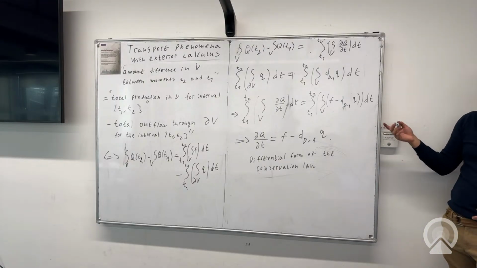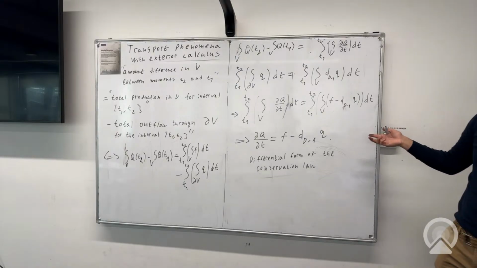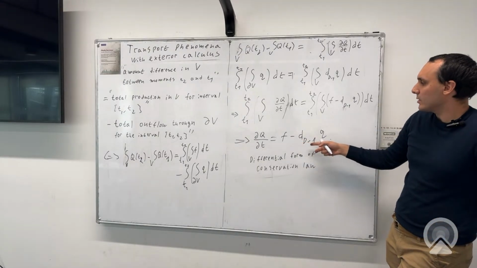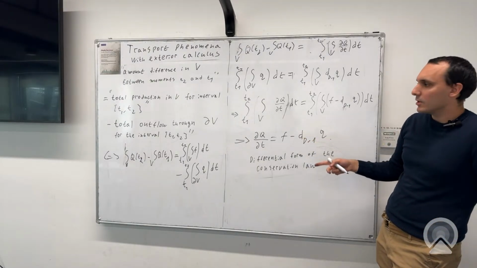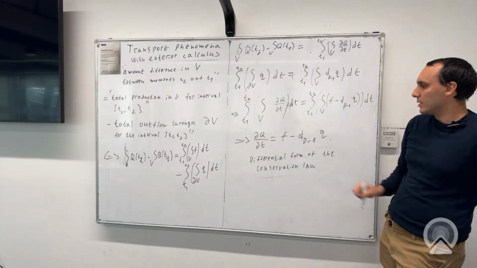A similar argument is used in vector calculus, but there the operators are different. It's not d, it's divergence. It's not a form, it's a density. This is also density.